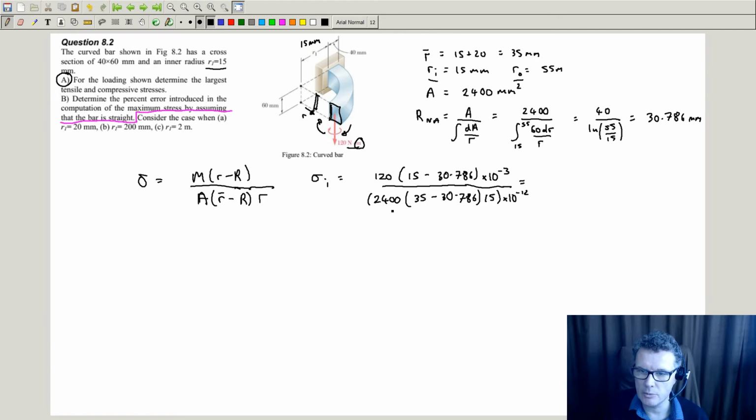Okay, so meters, meters, meters, meters. So 10 times 10 to the minus 12. That's in Newton meters. So my answer now is going to be in SI units.